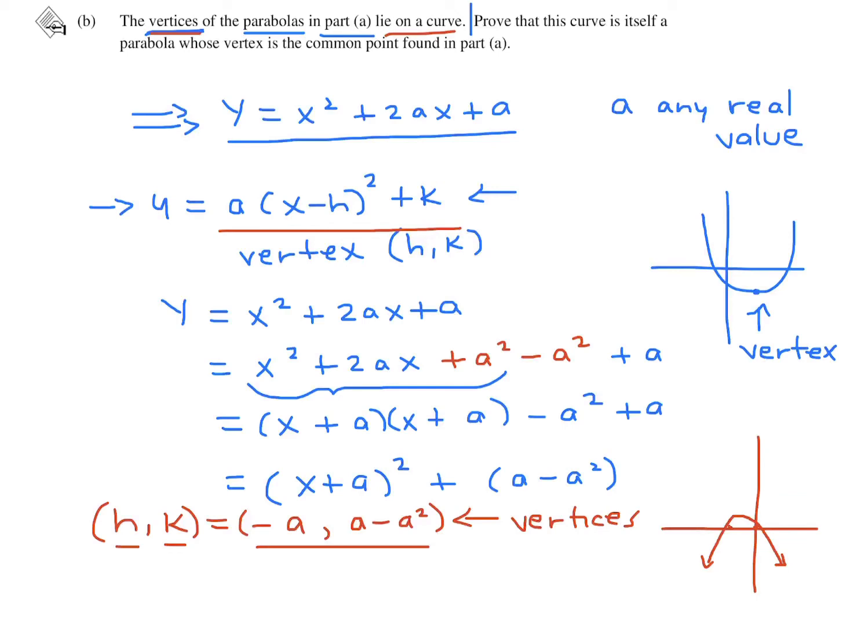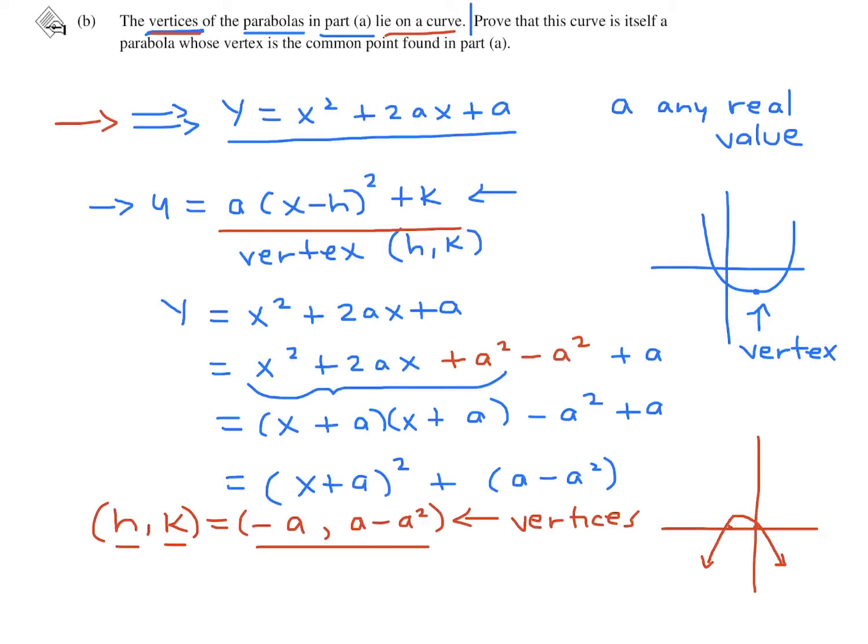And that's what they mean, that the vertices of the parabola in part A, which was this one, lie on a curve. Okay? I hope you get that before I move forward, because otherwise, the proof is not going to make sense. So, if you don't, pause it, rewind it, read it again, or watch it again.